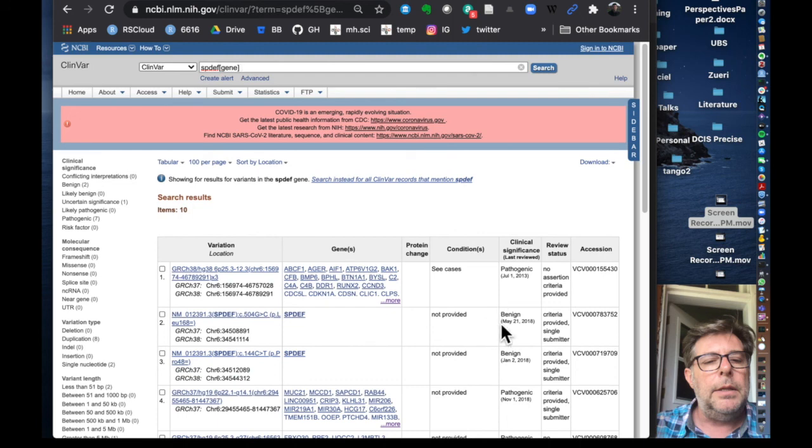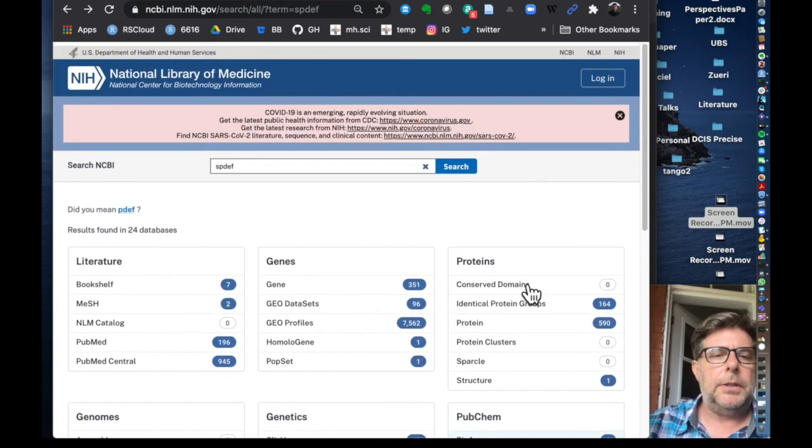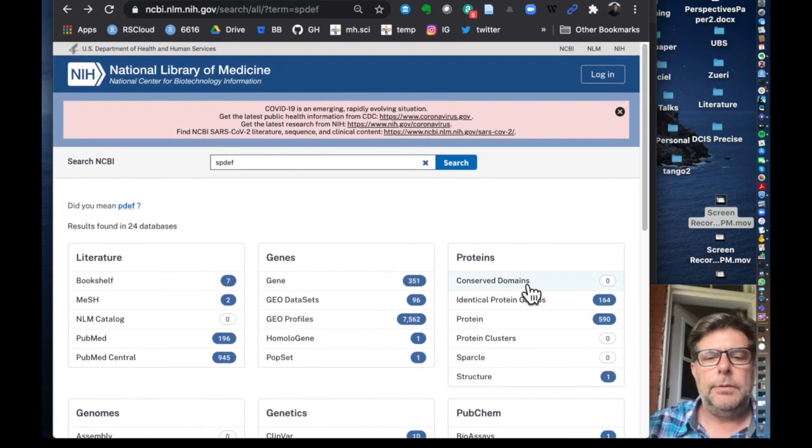Transition, and you could probably dig down into what that mutation is actually about. And there's a lot of other information available for SPDEF that is fun to explore.